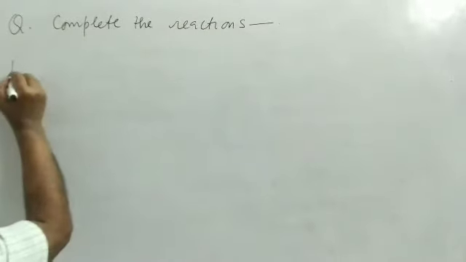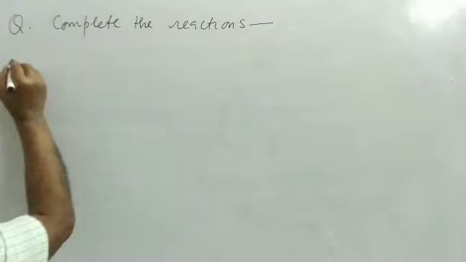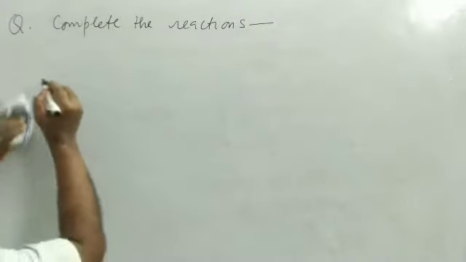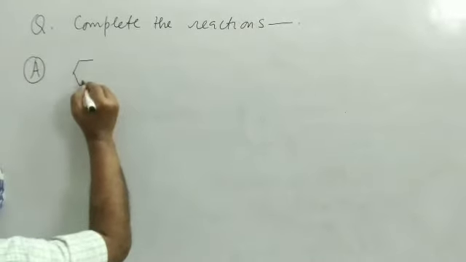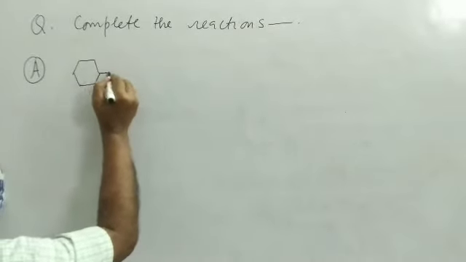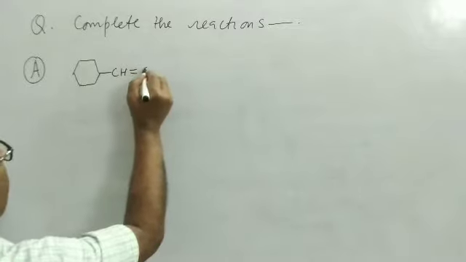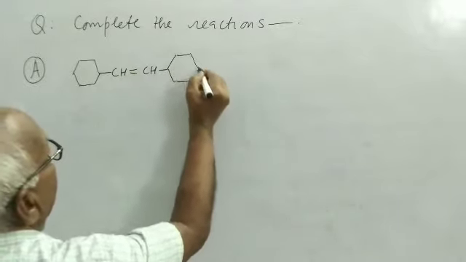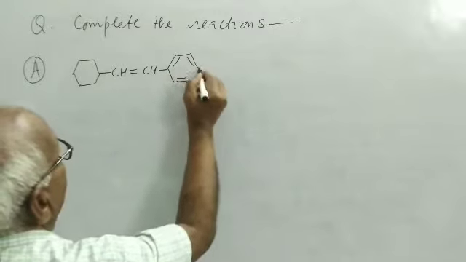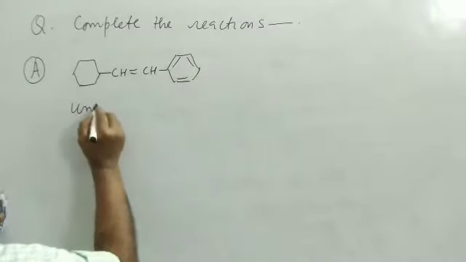This is one. Now A. This is an unsymmetrical alkene.